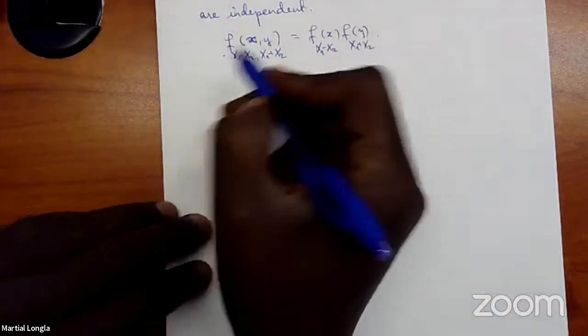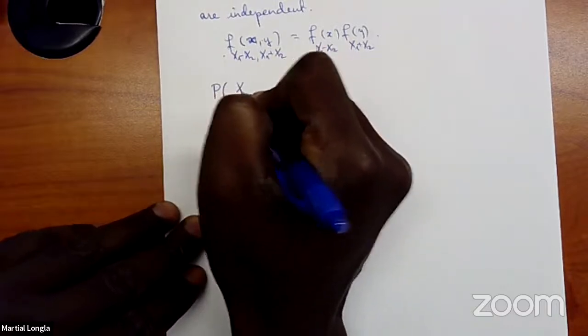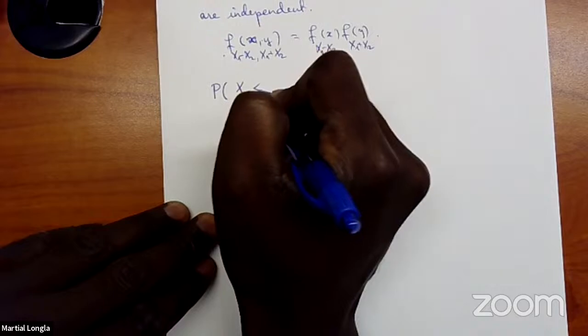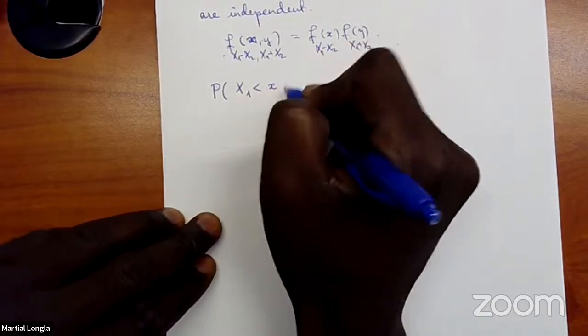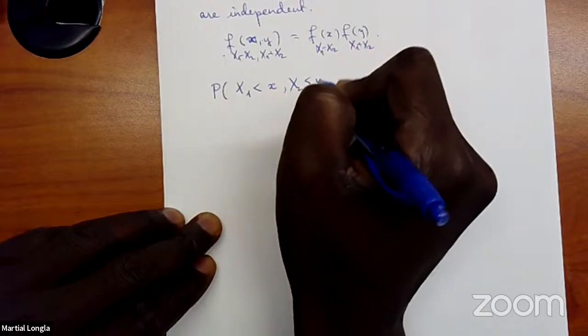Technically, if I say, what's the probability that x1 is less than little x and x2 is less than little y?